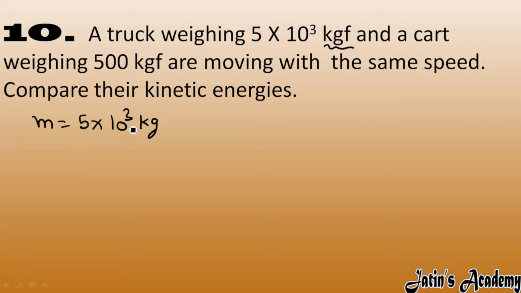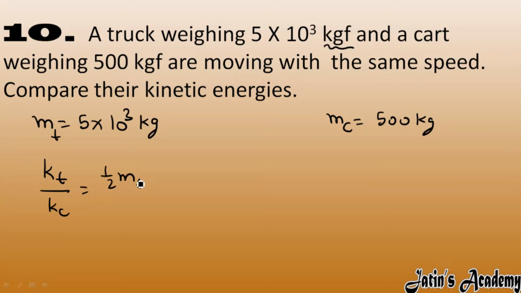The mass for the truck is this, and for the cart we have 500 kg. Now we have to compare their kinetic energy. Kinetic energy of truck over cart is half m truck into velocity of truck square over half mass of cart into velocity of cart square. Okay, the half cancels out.